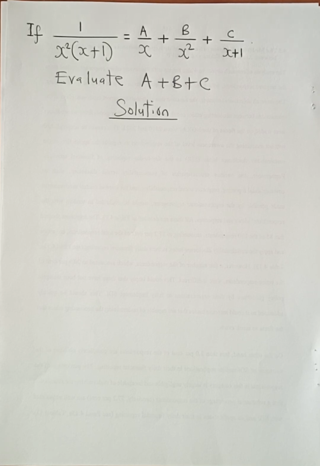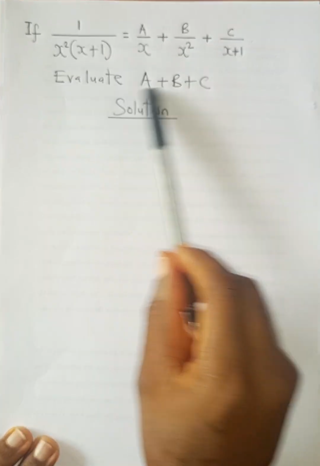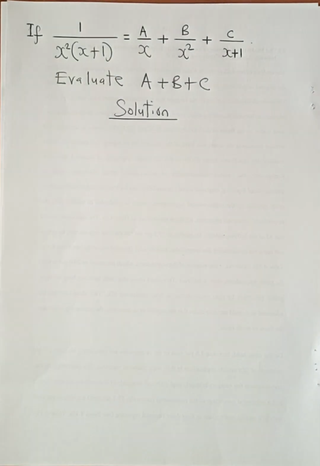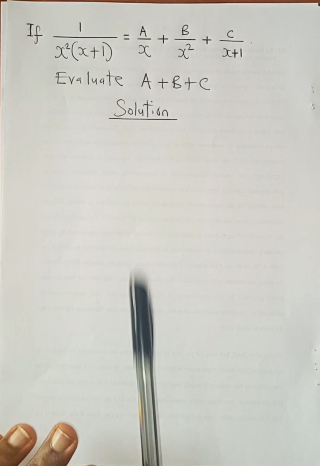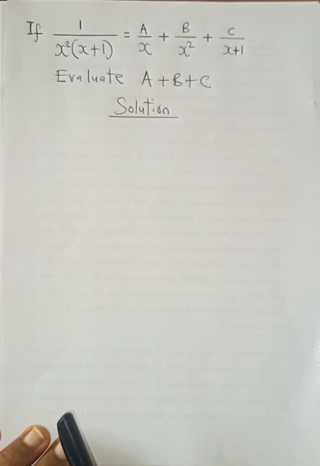Now, this is a question we have. They say that if this is equal to this, find the value of A, B, C. Someone who doesn't know partial fraction will be wondering, how do I find A, B, and C from one equation when it is not a simultaneous equation?